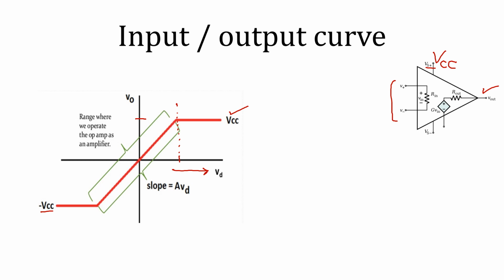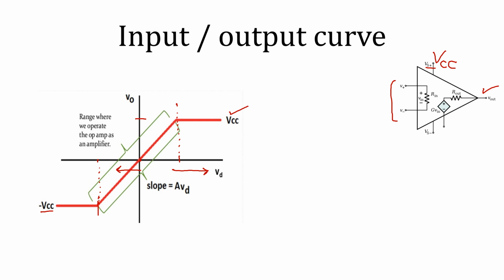Similarly, if V negative starts increasing from V positive, then the difference will be on the negative side, so it will move to this side. In this condition, again after some time the output will become stable or constant, and that will be equal to minus VCC.